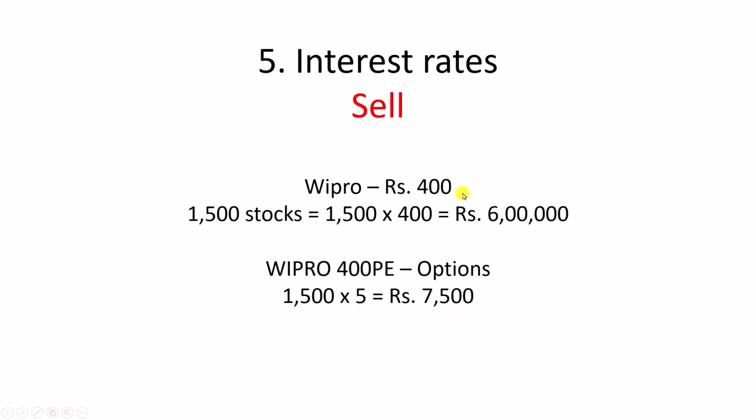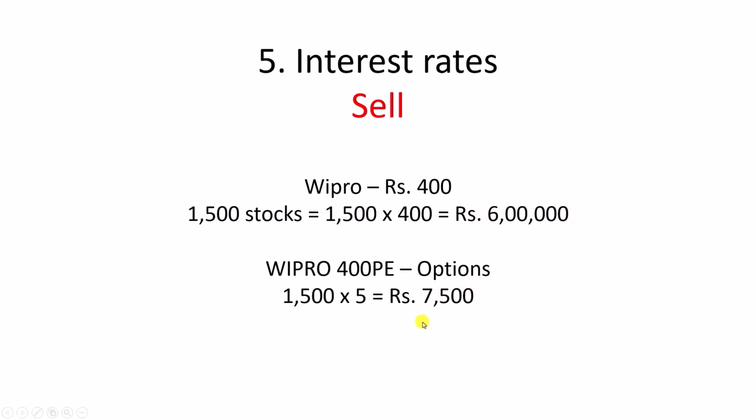Now, when do you buy a put option? When you believe that the price of this stock will go down. So, you have sold the stocks here, and there you have bought the put option. You can see that if you sell the stocks, you get this much in your account.